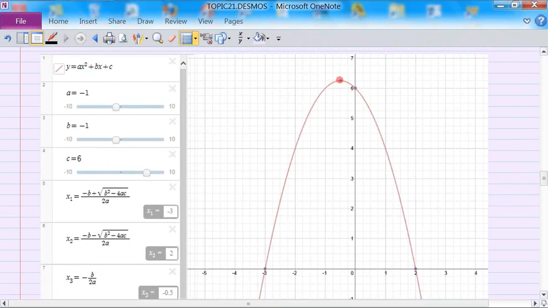So this is minus a half. If you go up from here, minus a half, the y value is 6.25. Okay, one of the x-intercepts is minus 3, agrees with that. One of the x-intercepts is 2, agrees with that. And of course, the y-intercept has to be at 6 right there.